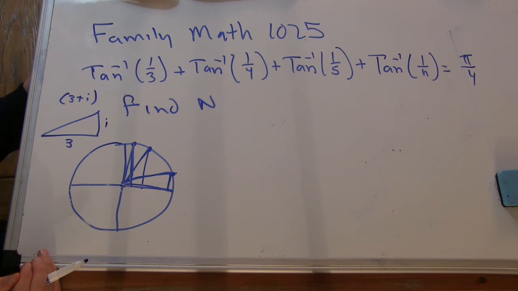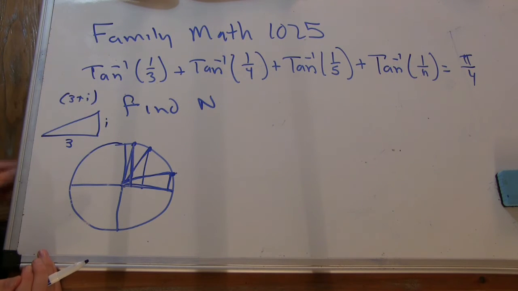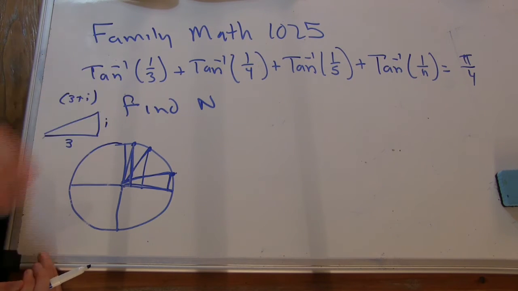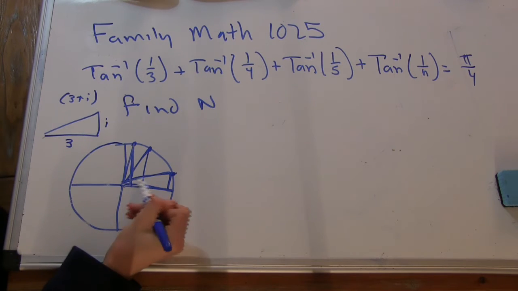And what happens if we're multiplying complex numbers not on the unit circle? What happens to the magnitudes on the unit circle?